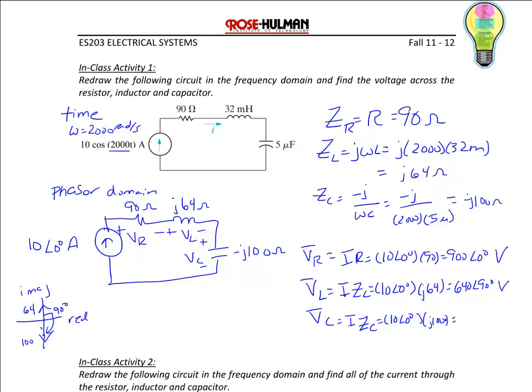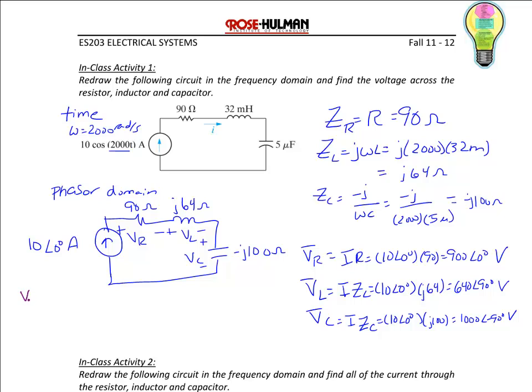So that becomes 1000 with an angle of negative 90 degrees, and the units are volts. So these would be the answers for the voltage across the resistor, the inductor, and the capacitor as phasors in polar notation. What about the values in the sinusoidal steady state? Let's do that next.